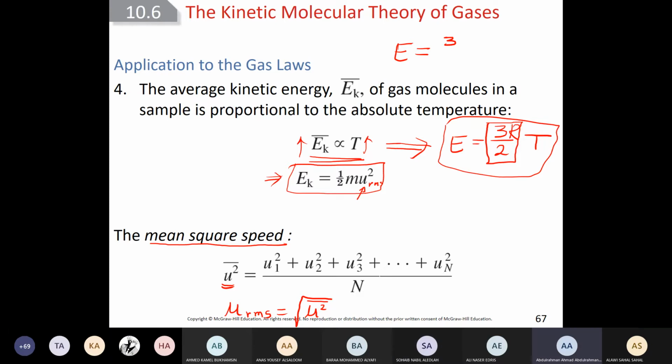So this speed is per molecule. Can we make it per mole? Multiply by Avogadro's number N times half mu square, all right? And this way, this will be in per mole.